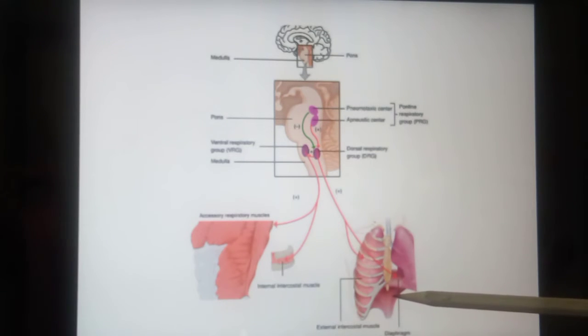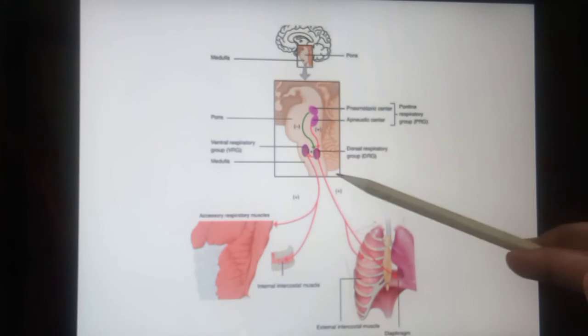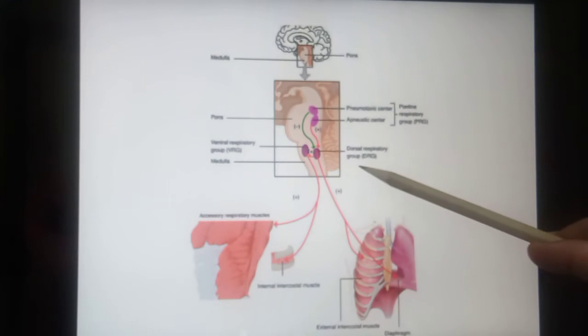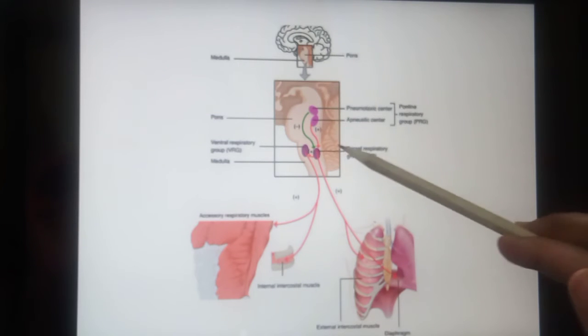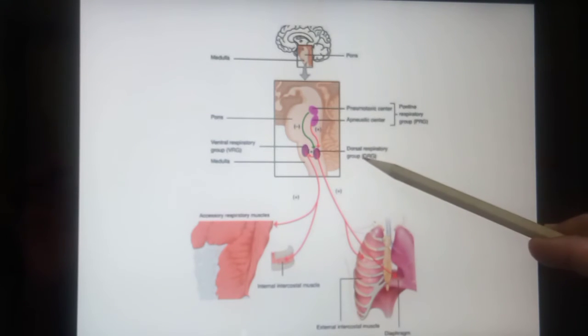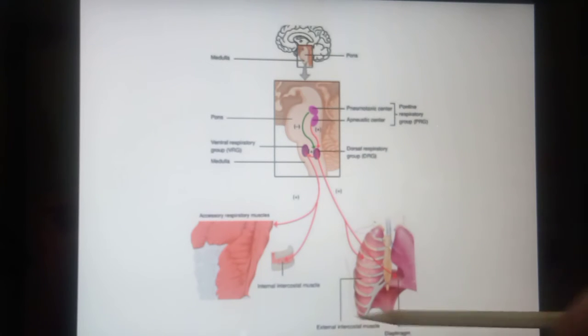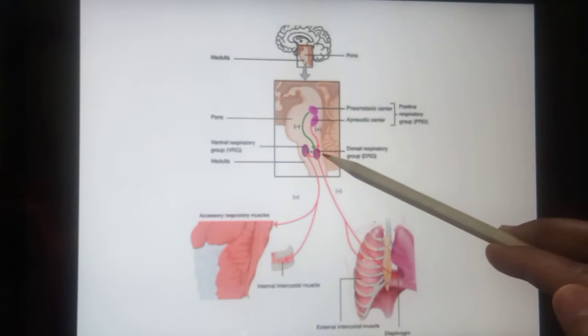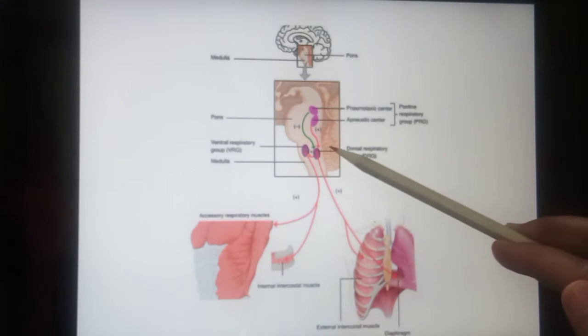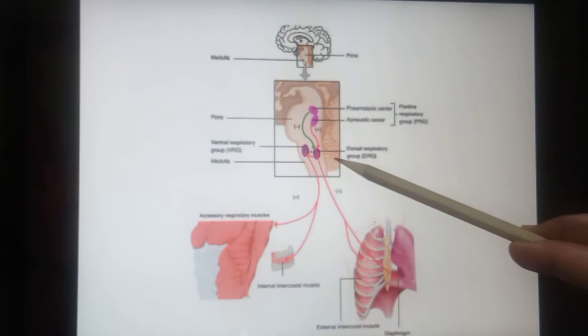This means the process of inhalation is the responsibility of the dorsal respiratory group. But this dorsal respiratory group only knows how to contract the two muscles, the diaphragm and external intercostal muscles. It will not stop; it just keeps contracting again and again.